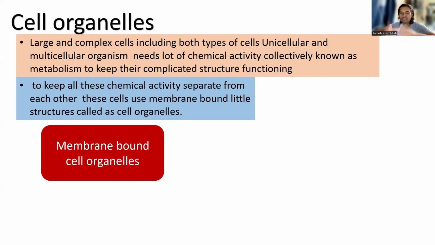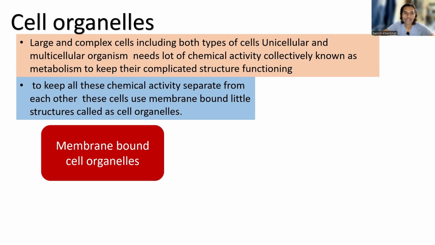Within them, these activities are happening. They are doing these chemical reactions separately, and these chemical reactions will not be affected by the cytoplasm, or the cytoplasm will not be affected by these inner chemical reactions.